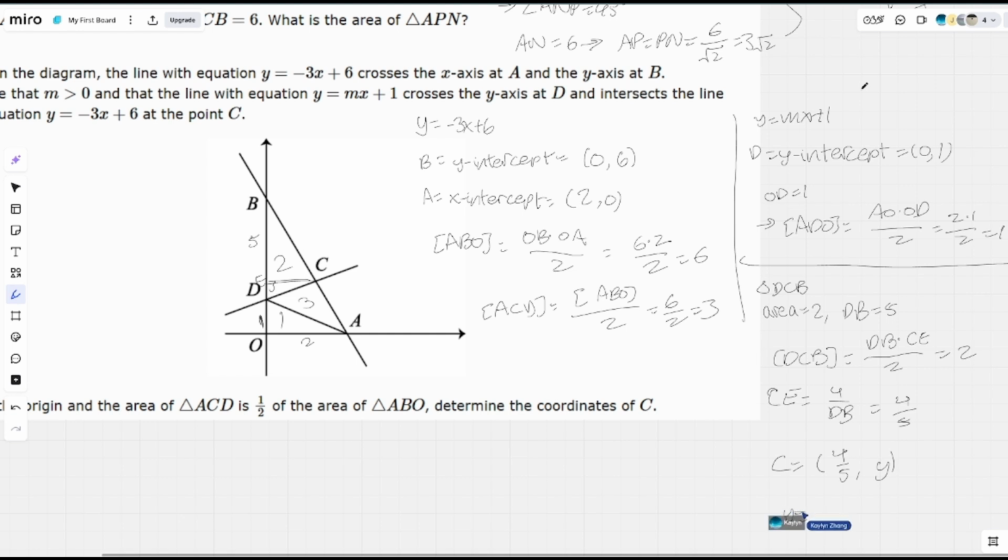So y is equal to negative 3 times 4 over 5 plus 6, which is negative 12 over 5 plus 6, which is 18 over 5. So now we know that x is equal to 4 over 5 and y is equal to 18 over 5. So point C's coordinates are 4 over 5 and 18 over 5. And that is our final answer.